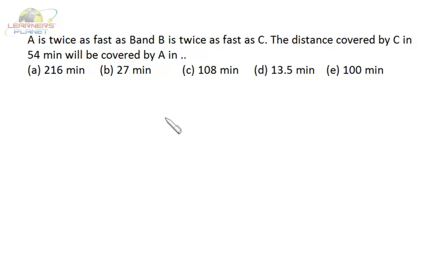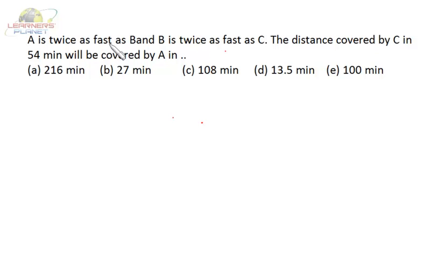Now let's do this question. A is twice as fast as B and B is twice as fast as C. The distance covered by C in 54 minutes will be covered by A in.